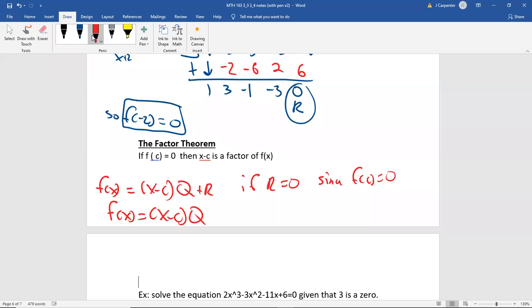This is a product of two things, which means it's factored. So x minus c is a factor and the quotient is a factor. It's actually a very simple proof.